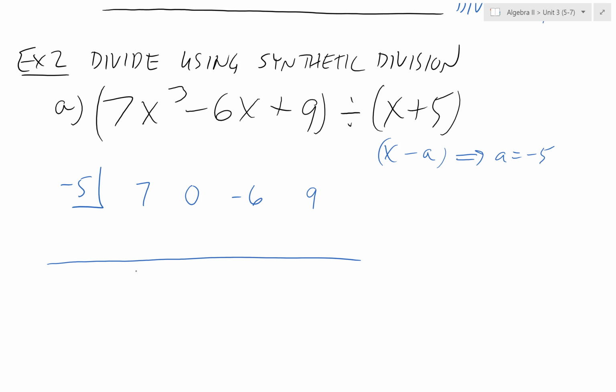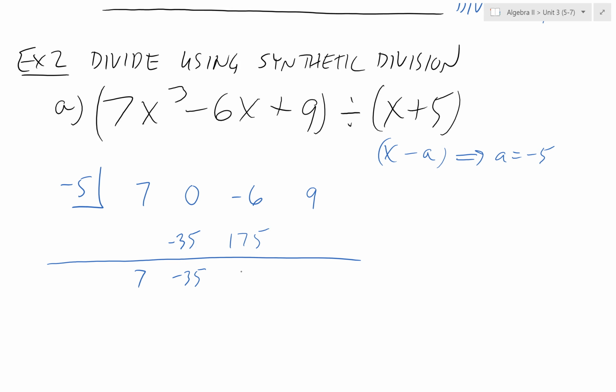So the first step is to bring down the first number, 7. And then we're going to multiply negative 5 times 7. So that is negative 35. And then we add vertically. So 0 plus negative 35, we add those and we get negative 35. And then we multiply again. So we just repeat that process over and over. So negative 5 times negative 35 is positive 175.